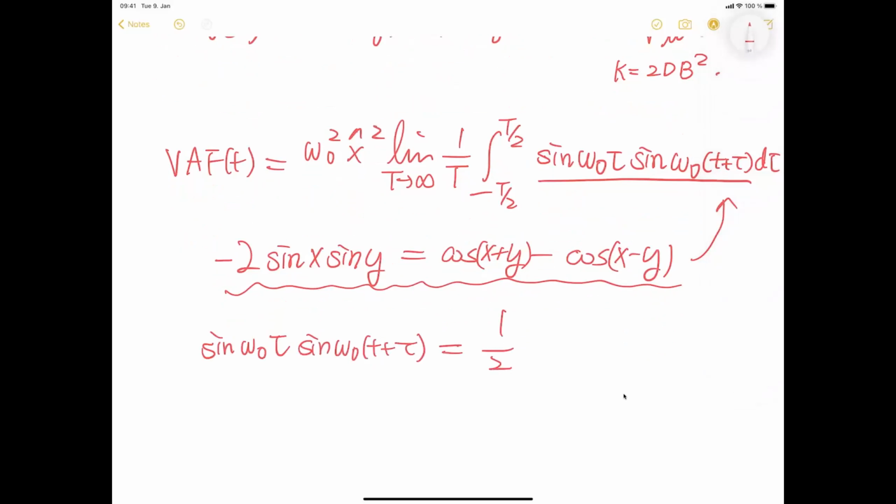1/2 cosine x minus y. So this would be t plus tau minus tau, or tau minus t plus tau, which will be minus tau omega t, minus. And don't forget the cosine of minus omega t is the same as cosine omega t because this is an even function.